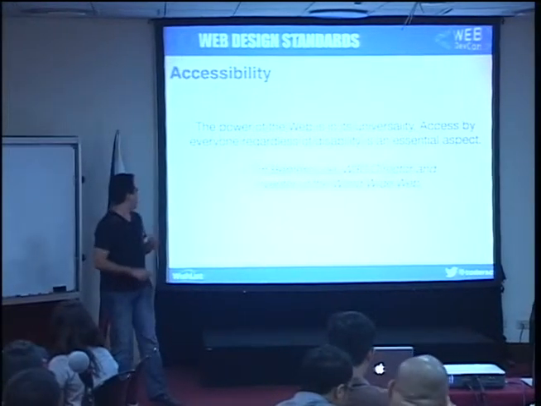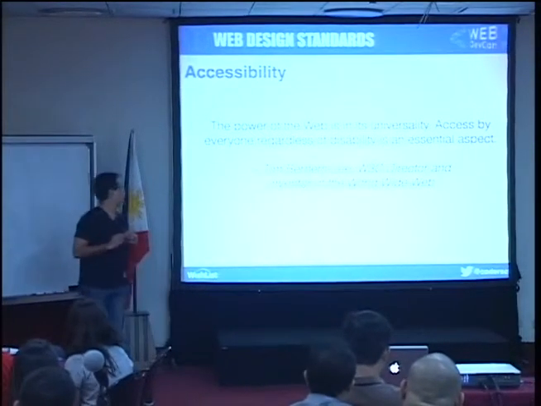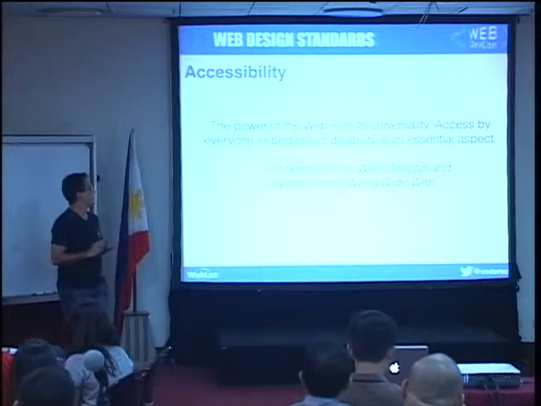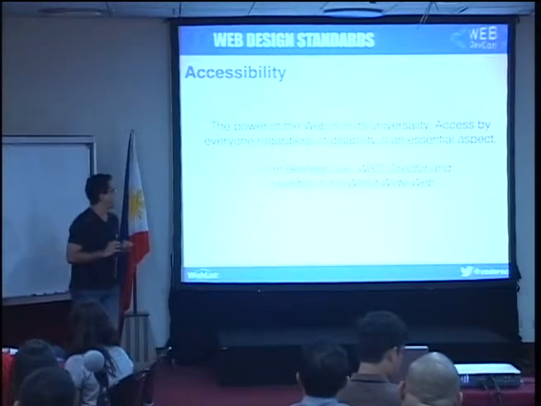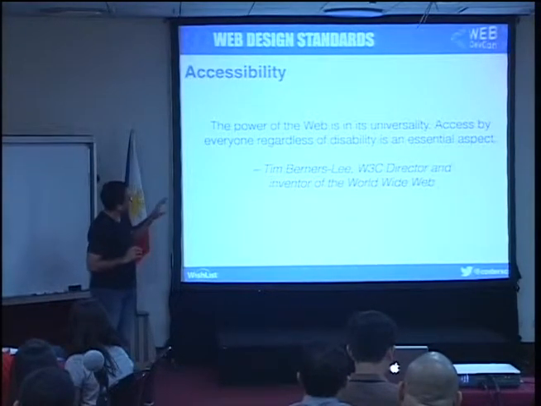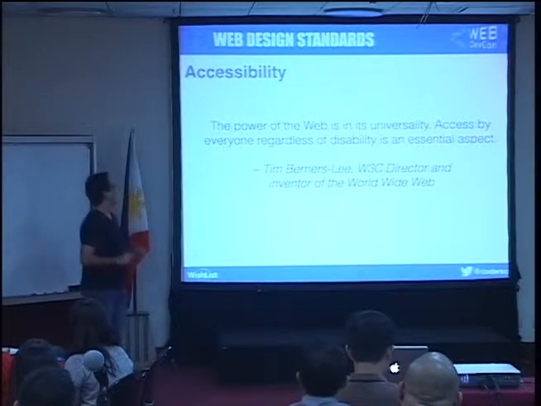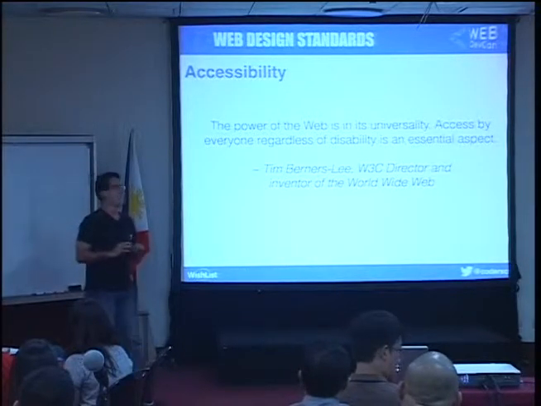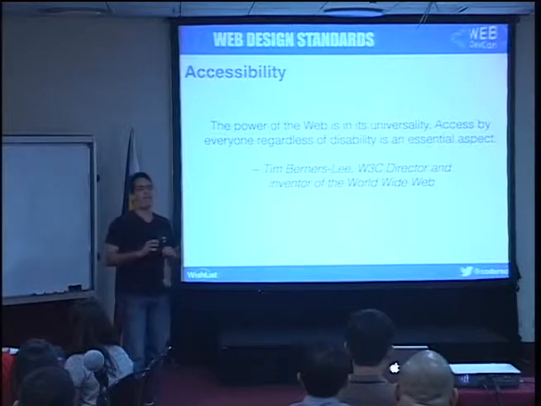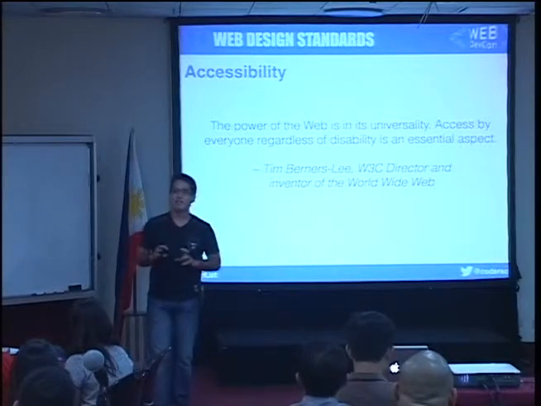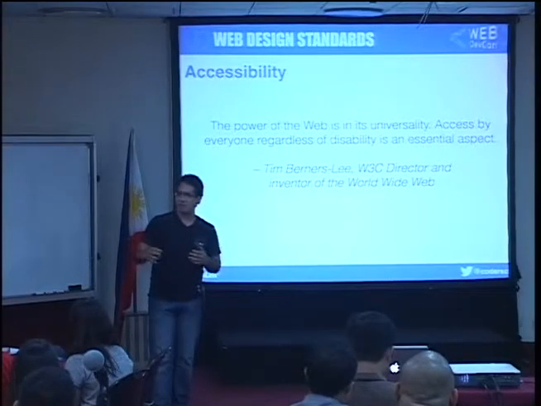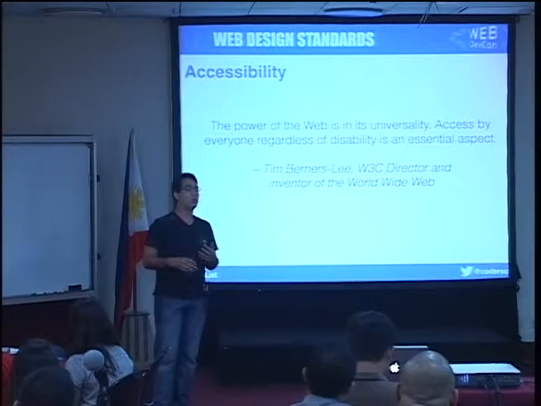All right, so the inventor of the World Wide Web said the power of the web is in its universality. Did I pronounce it right? Universality. Access by everyone, regardless of disability, is an essential aspect. I have a friend, his name is Glenn, and he couldn't see much. When you meet, he wouldn't even greet you because he's not sure who you are.